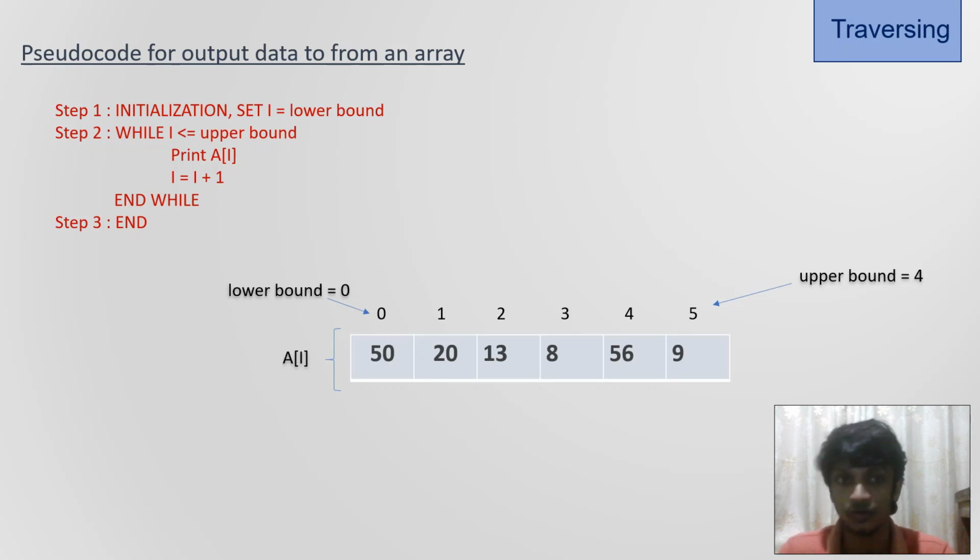The condition is not true anymore, so the while loop won't happen. So the program will end. When your program is ending, all the values have been printed and traversed. So that's the basic pseudocode that we should do in order to output data from any kind of array. Okay, so that's the pseudocode.